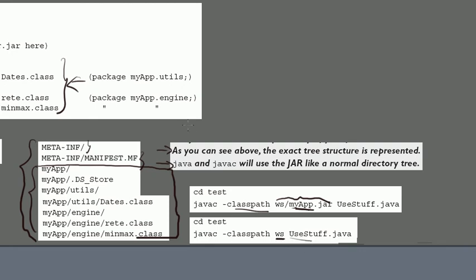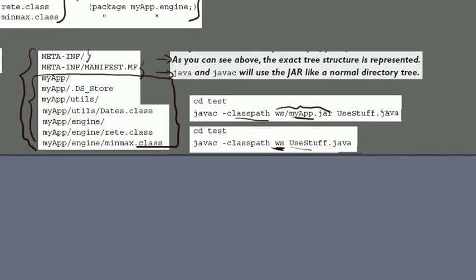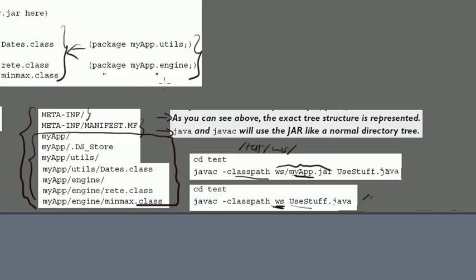If you were using either of these two, then it would be looked up within test, right here, /ws/myapp.